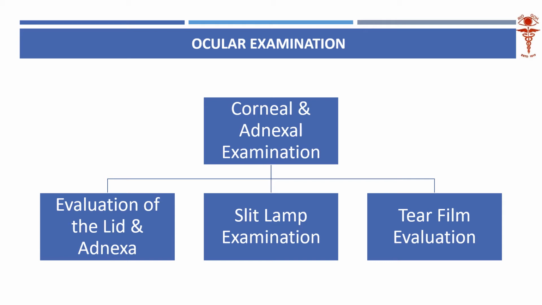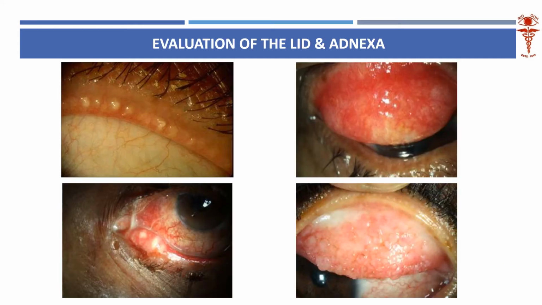So any examination of the eye after a torchlight examination should logically proceed to a slit lamp examination for detailed evaluation and confirmation of even the simple signs which are picked up by a torchlight examination. And the third and the most important is tear film evaluation.